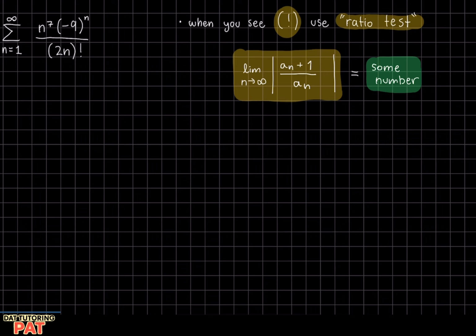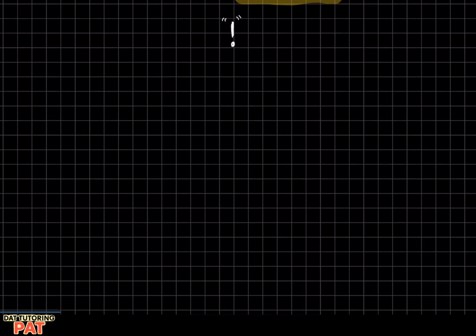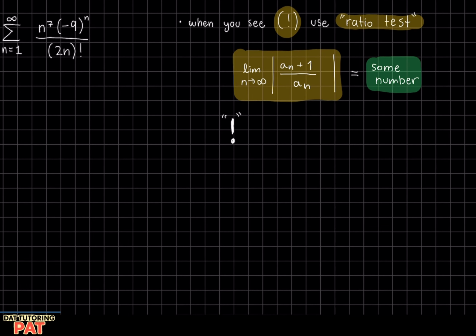So, first thing I want you guys to know is that when you see this sign, I wrote it up top, it is a clear indicator, as clear as it gets, that you're using the ratio test. Now, what is the ratio test? Well, that's a good question.